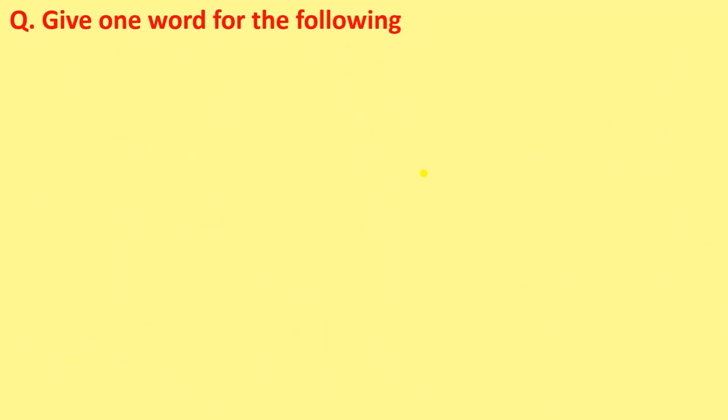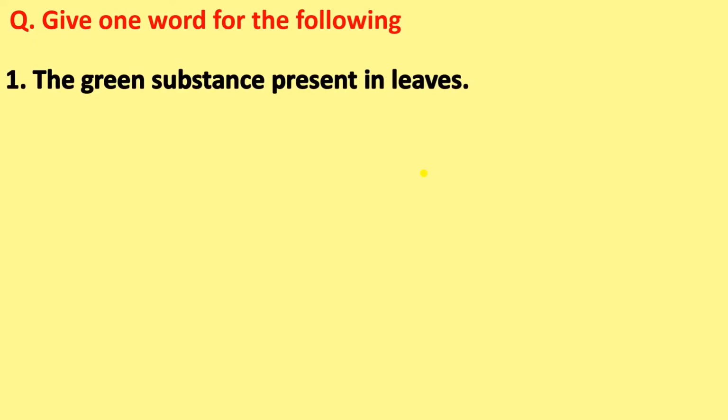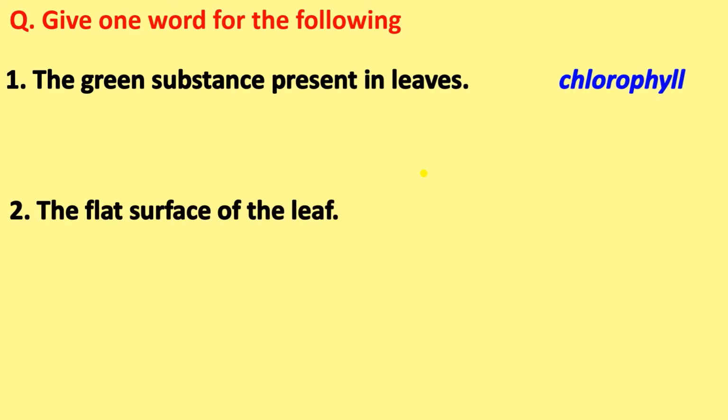Next question. Give one word for the following. First, green substance present in leaves. What do we call the green substance present in leaves? Chlorophyll. The flat surface of the leaf. Leaf blade.